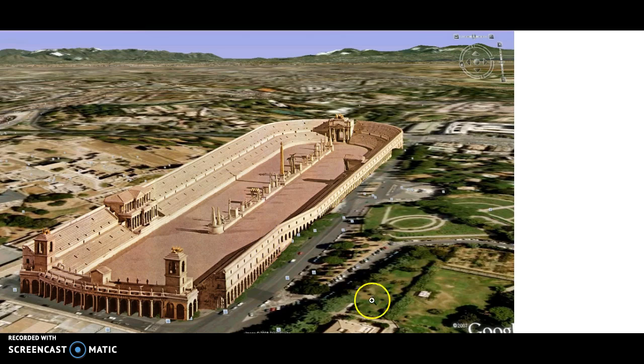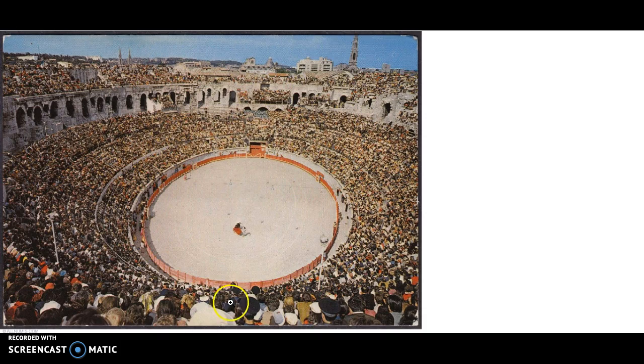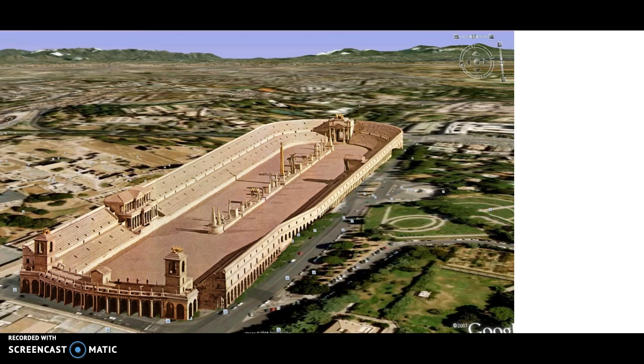It was the most important building for the Roman shows, but eventually it was the amphitheater that replaced the circus as the most important building for shows. Then, to sum up, the circus was always and only dedicated to chariot races.